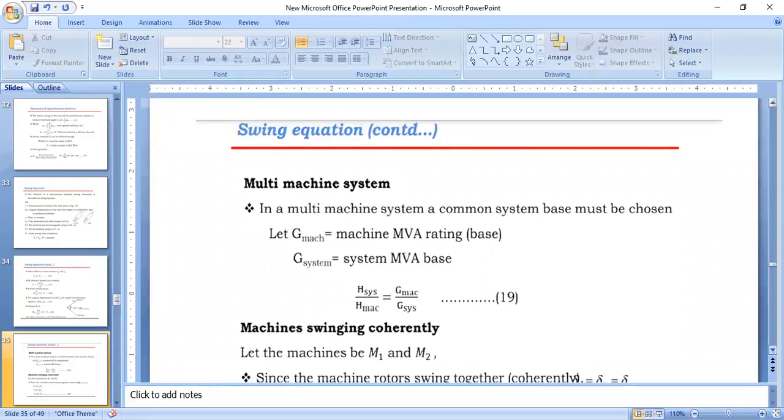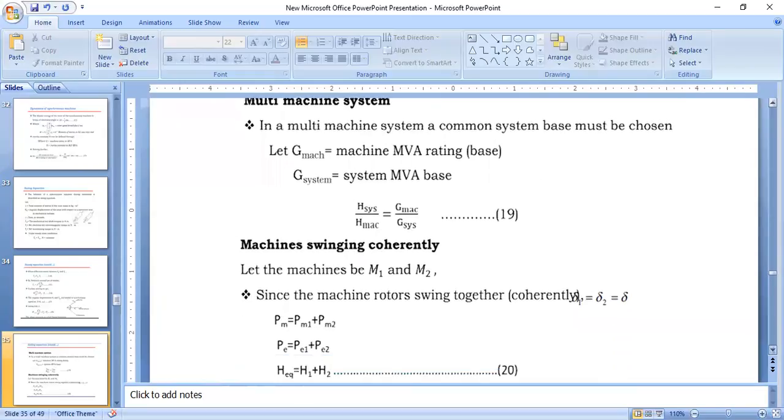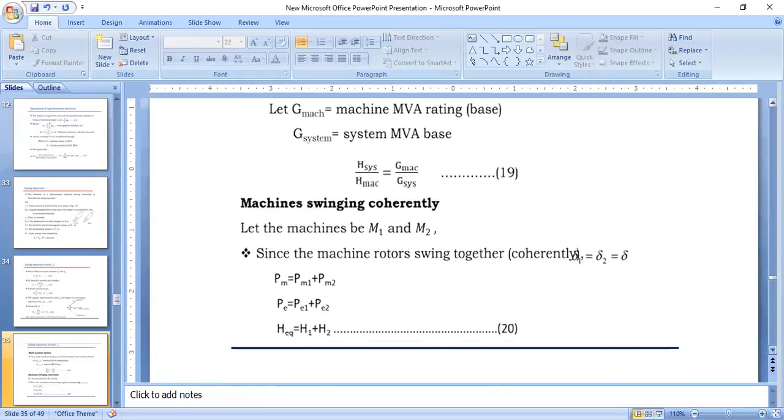Multimachine system. In a multimachine system, a common system MVA base must be chosen. Let G machine be the machine MVA rating, taken as a base value, and G system be the system MVA base. From this, you can write H system by H machine is equal to G machine by G system. Machines swinging coherently: let the machines be M1 and M2. Since the machine rotors swing together coherently, delta 1 is equal to delta 2 is equal to delta.